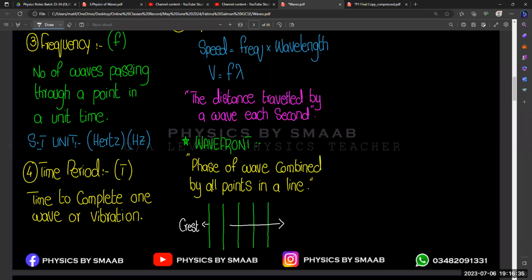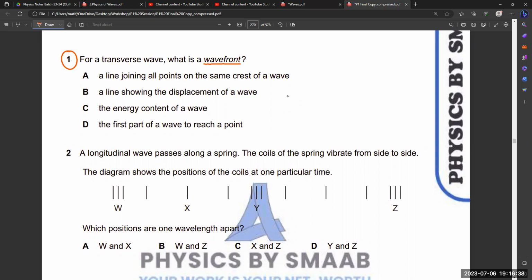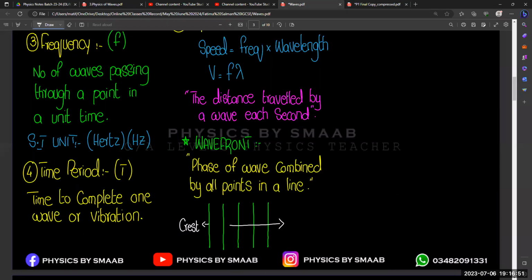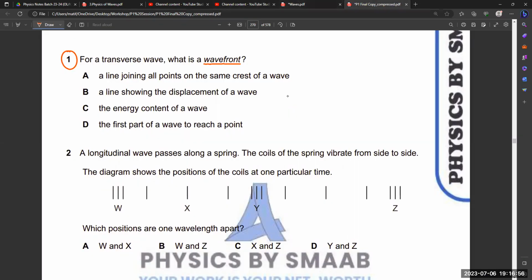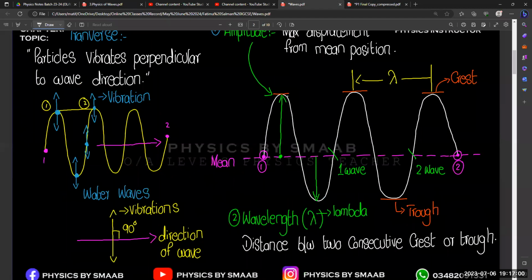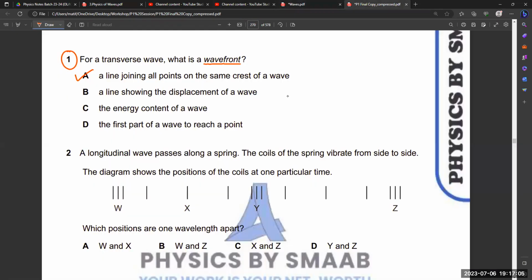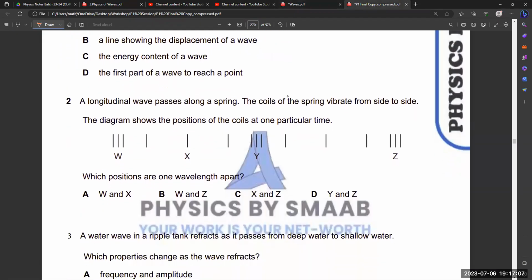The first option: a line joining all points on the same crest of a wave, right? Is it the right definition for wavefront? We also wrote that a line or a phase of a wave is combined by all points. A is correct, because we also discussed with the reference of a diagram that if we combine all the points on the crest, we will get a straight line, or the wavefront. So A is the right answer, right?